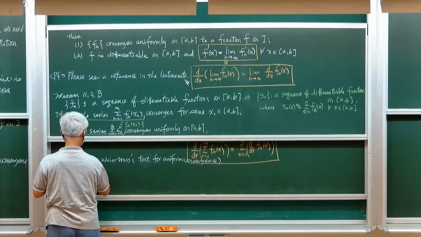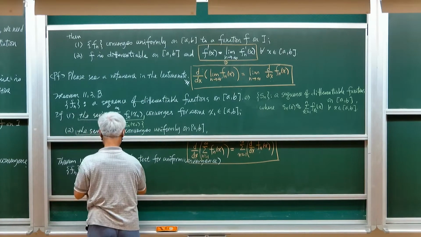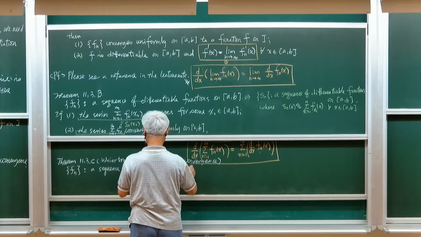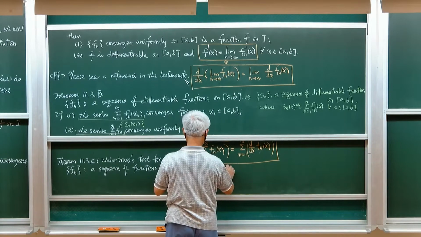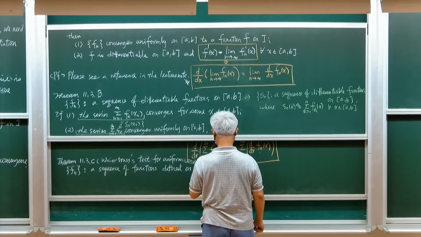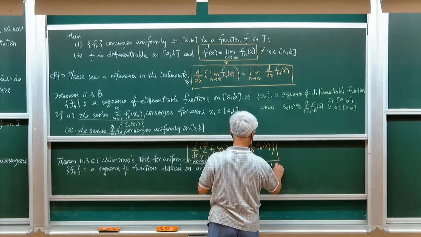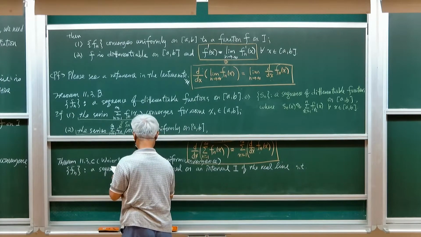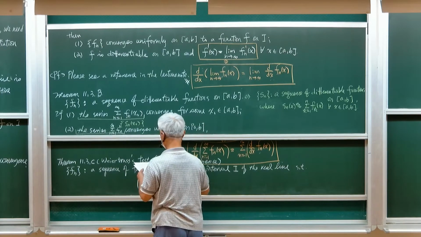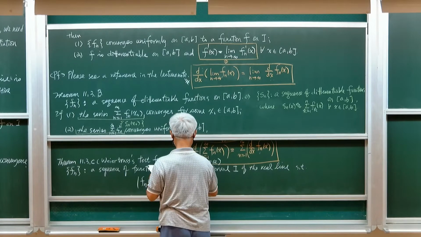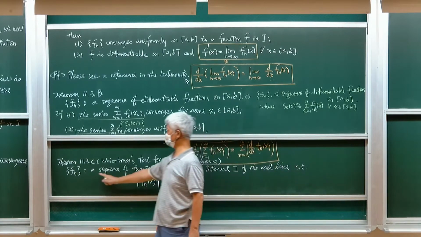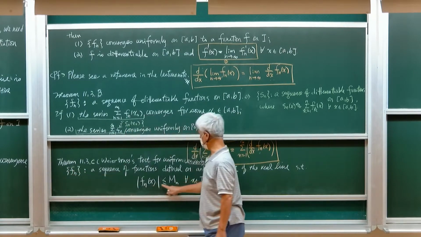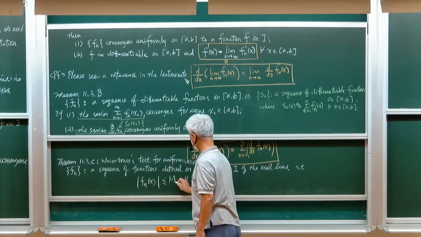Fn is a sequence of functions defined on an interval I of the real line, such that Fn of x is upper bounded by a number m sub n for all x in I. Okay, so suppose we know that for this sequence of functions, each function f sub n is upper bounded by a constant.